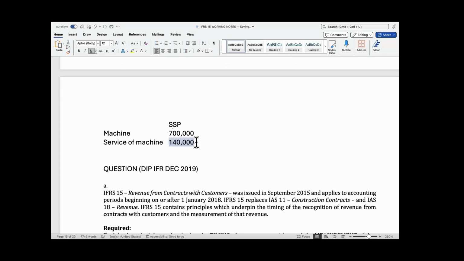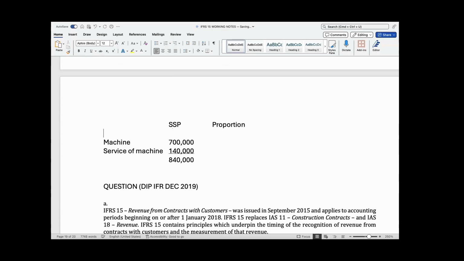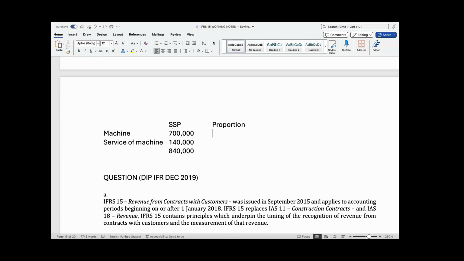The addition of the two is 840,000. The proportion for this will be 700 divided by 840. I hope you have your calculator. This is 140 divided by 840.